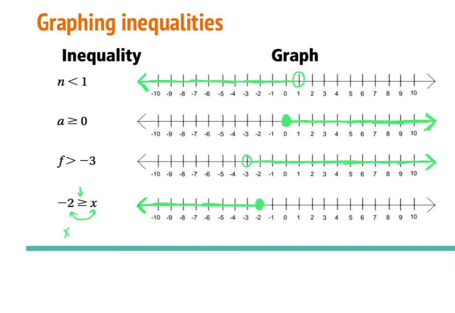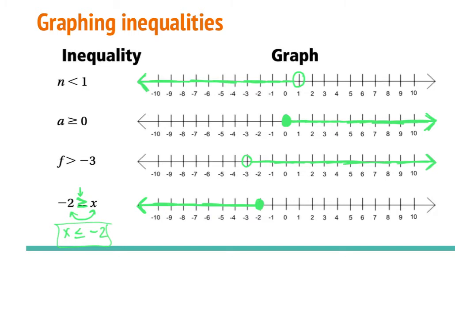So it can be x is less than or equal to -2. And one way you can check is see how the sign was facing away, the mouth is opening towards the -2 versus the x. That means that when you switch it, it should also be facing away from x. So this is correct as well. Sometimes that helps just to have the variable on the left. I know a lot of people like to see it like that.